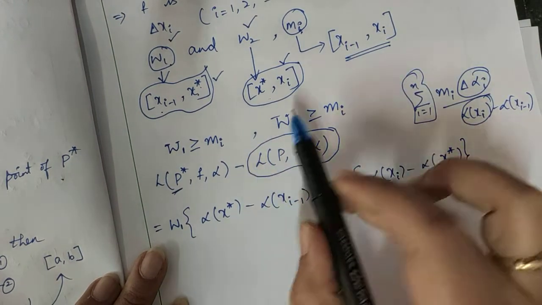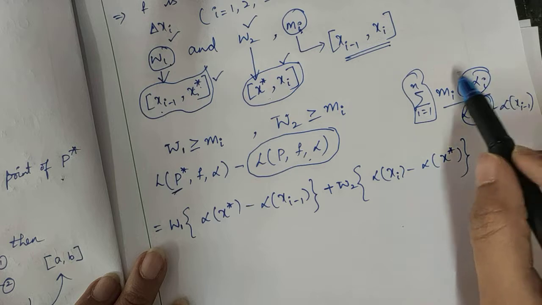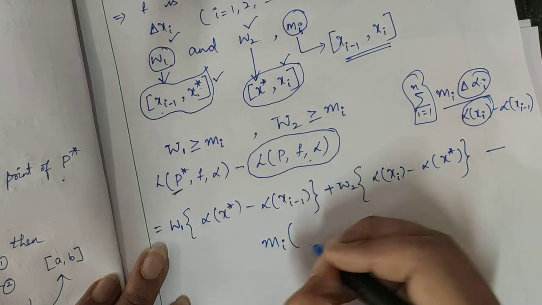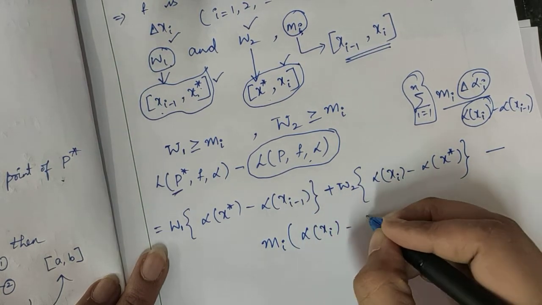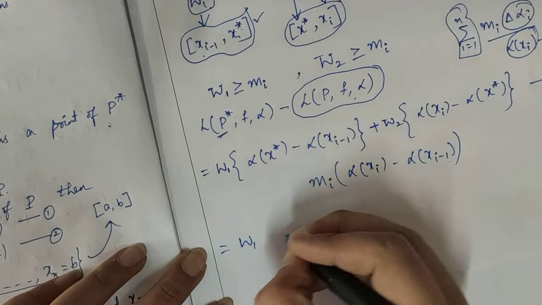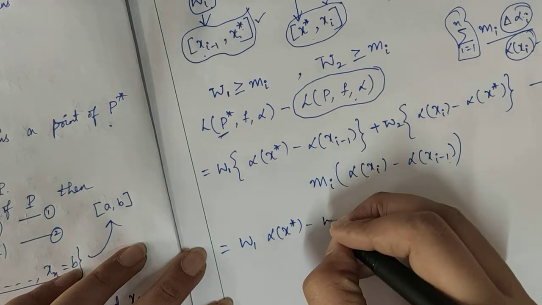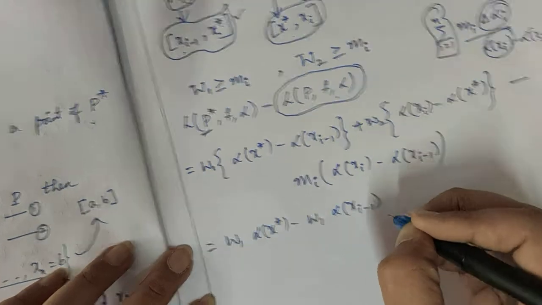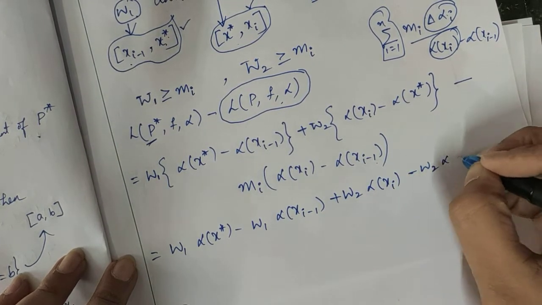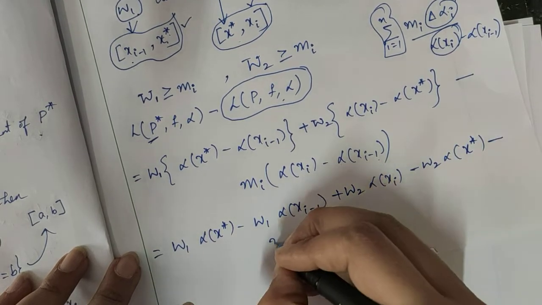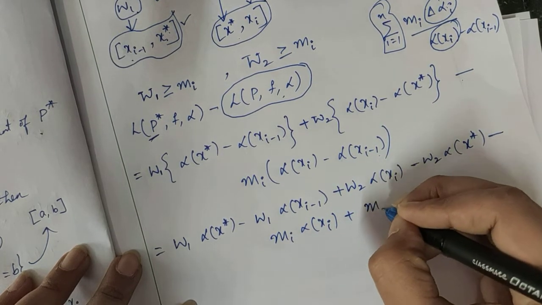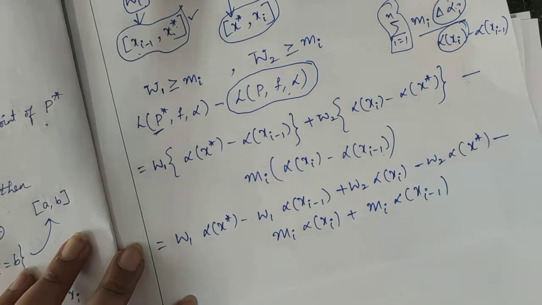Similarly, minus L of p comma f comma alpha, just substitute that: minus mi into alpha of xi minus alpha of xi minus 1. I can simplify this as w1 into alpha of x star minus w1 into alpha of xi minus 1 plus w2 into alpha of xi minus w2 into alpha of x star minus mi into alpha of xi, plus mi into alpha of xi minus 1.